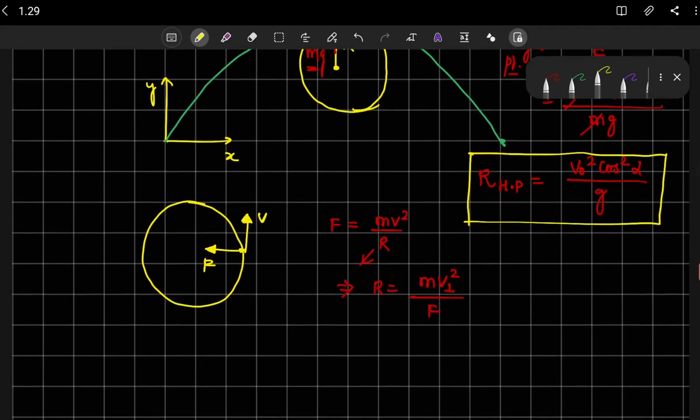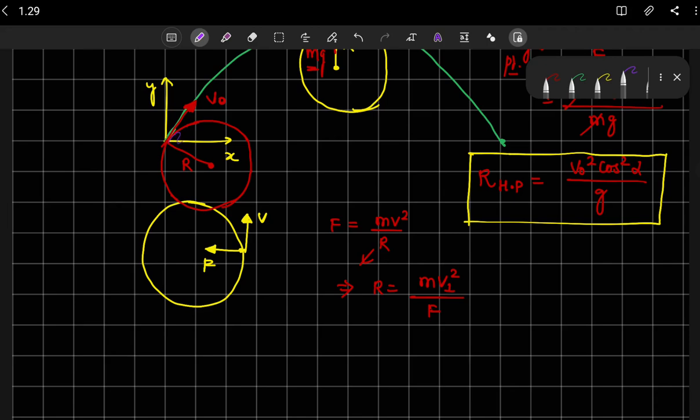Now let us talk about the initial point. At the initial point, let us say this is the curvature it will form, and this is the radius of curvature. At this particular point, the velocity is tangential to this circle, and we know the value of this velocity is v0.